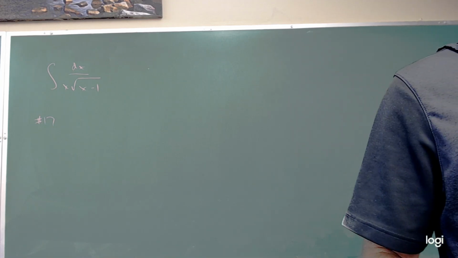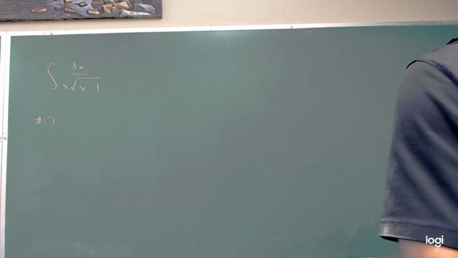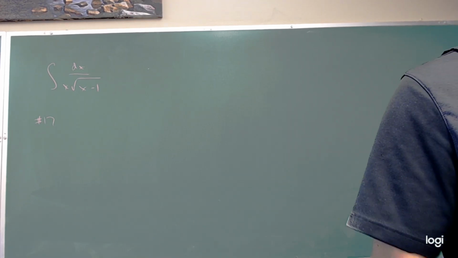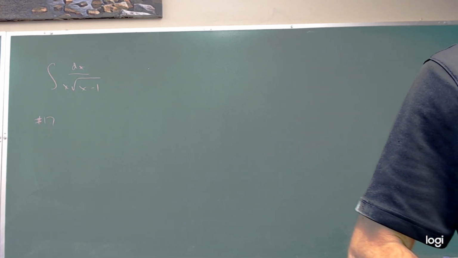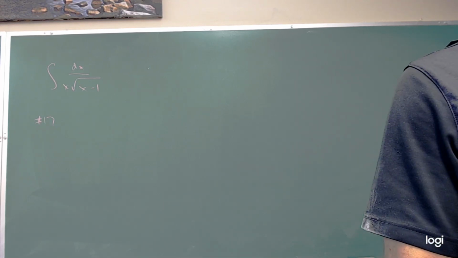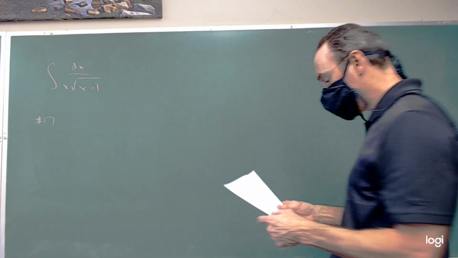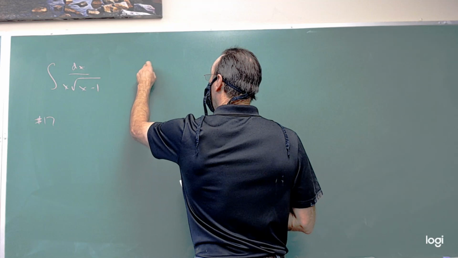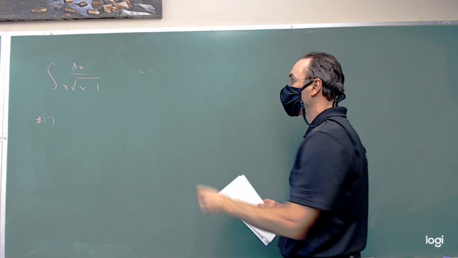So then on 17, you need to say what is the A, what is the U, what is the B, and what is the du. So the A is going to be what? Negative, good.